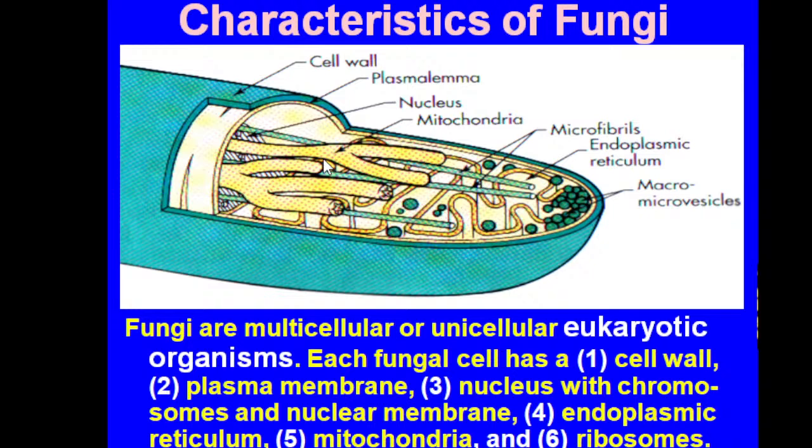Why bad? Because the basic structure of the fungal cell is very much the same as that of the human cell. And this is not like in bacteria, where the basic structure of the bacterial cell has many differences with the human cell.